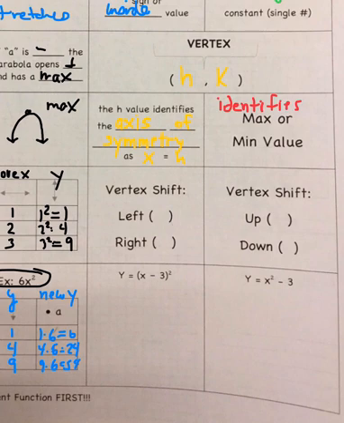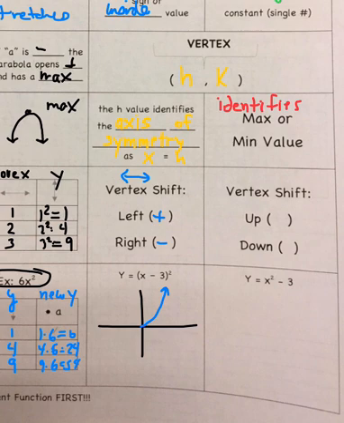Vertex shift. So remember, horizontal is opposite. It's lying to you. So to move left, we're adding. To move right, we're subtracting. So if you look at this graph here, our normal parent function graph looks something like that.